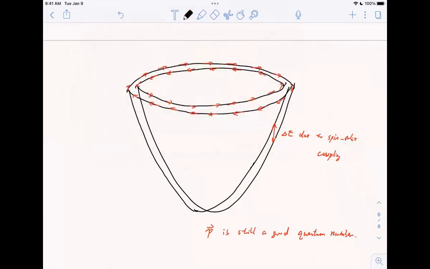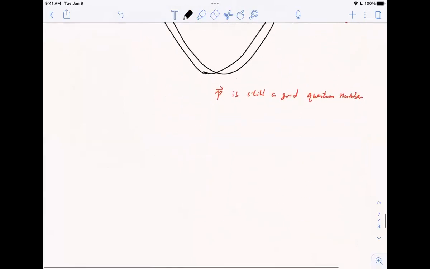Let me give you one more example that is not exactly spin-orbit coupling, but graphene.